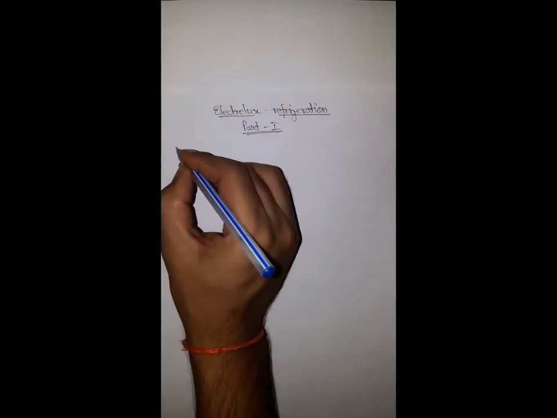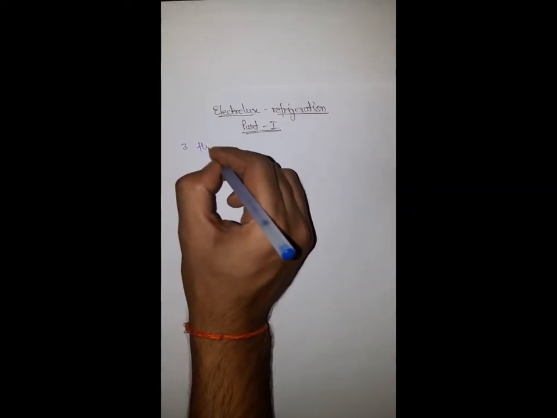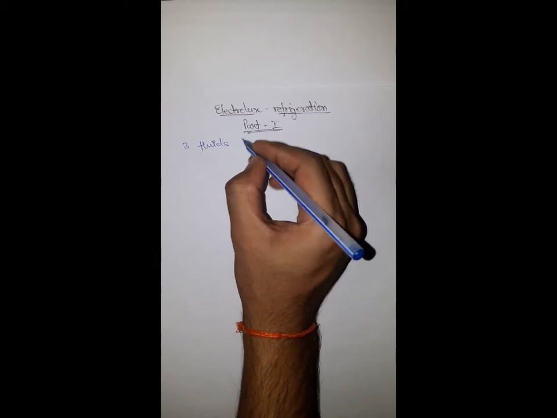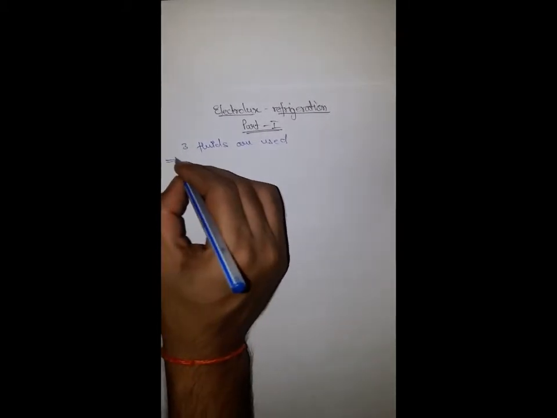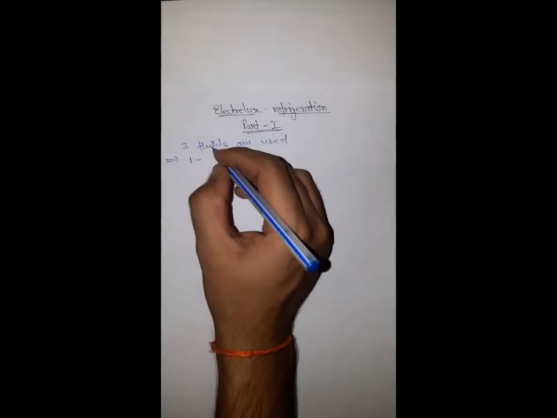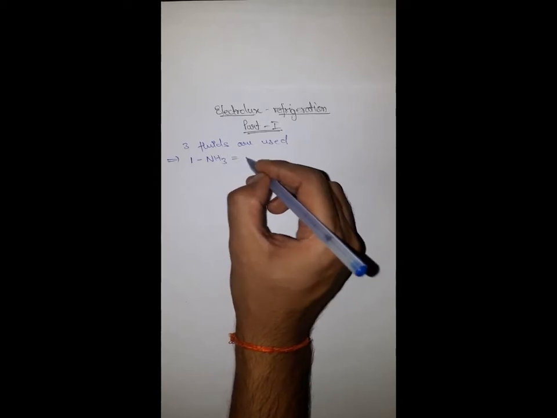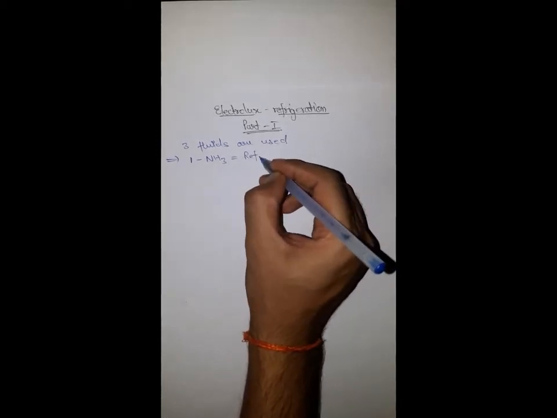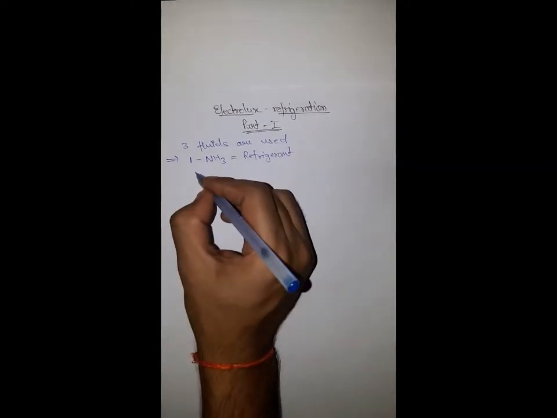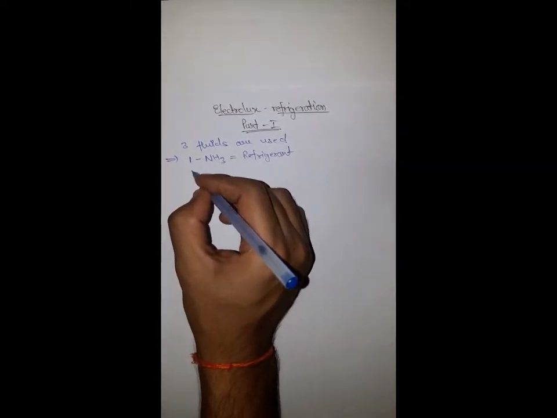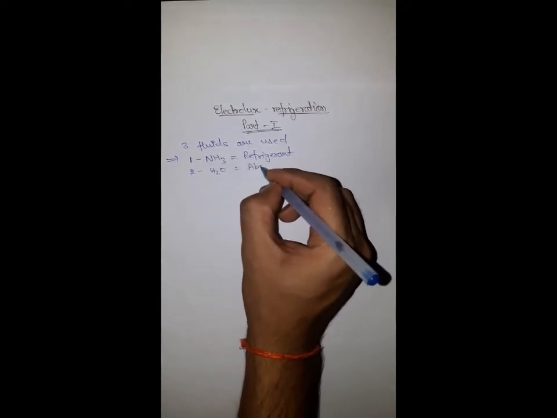In the Electrolux refrigeration system, three fluids are used, which means it is a three fluid refrigeration system. And what are those three fluids? The first two are the same as in vapor absorption: ammonia is working as the refrigerant, and H2O, that is water, is working as the absorbent.